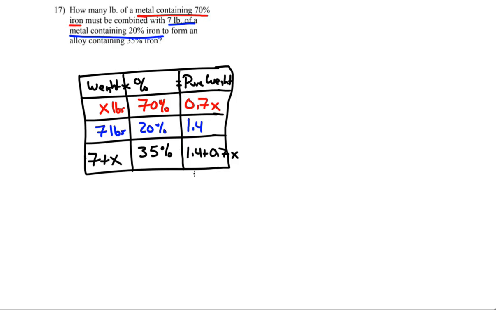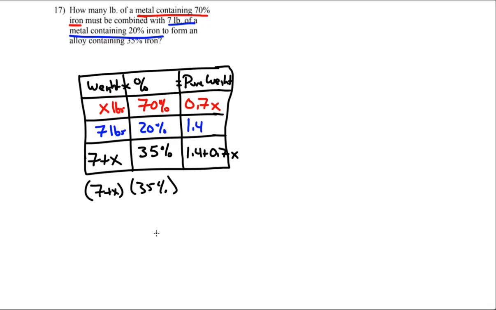So now I can use that to help me solve this one. What do I know? Because I know here that if I add them this way, it's 1.4 plus 0.7x. If I multiply this way, I'm going to have 7 plus x times 35%.